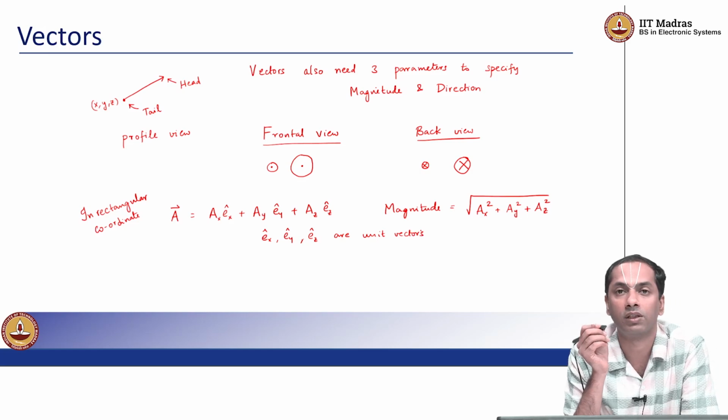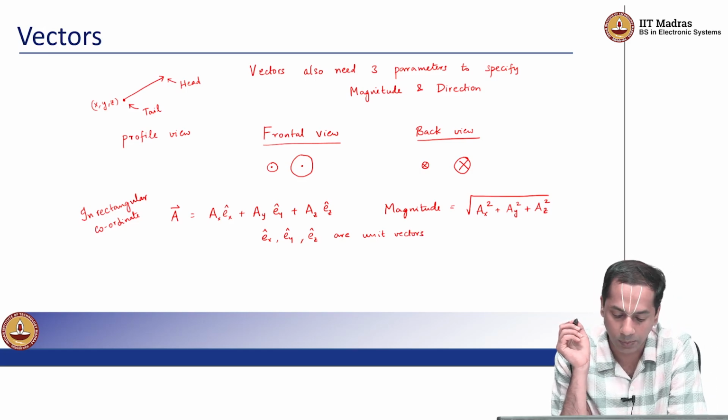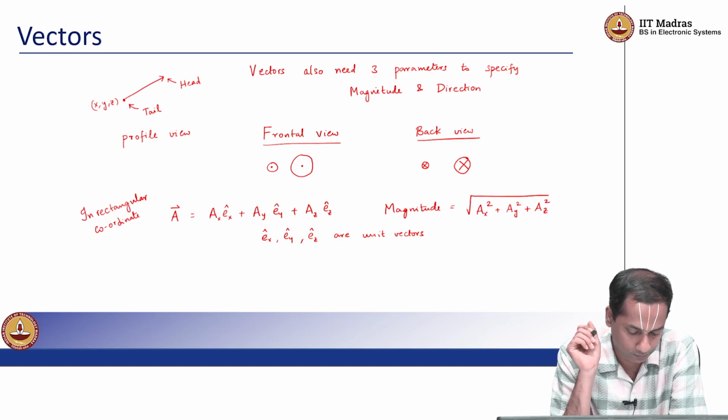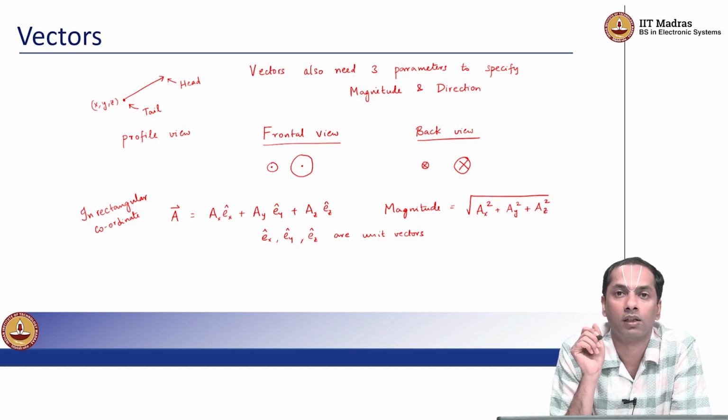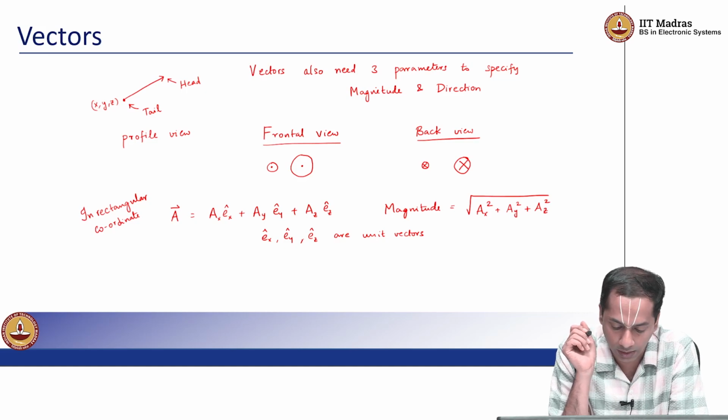So we are using unit vectors in order to create a generalized vector. The speciality of these Ex, Ey, Ez is they're all of unit magnitude. They only have a length of 1, right? Normalized, they don't have any units, right? So they are just normalized to a magnitude of 1.